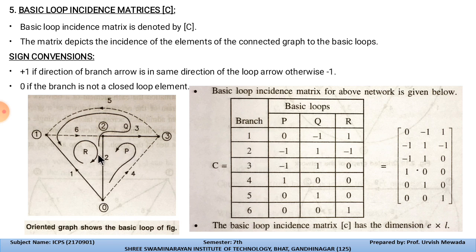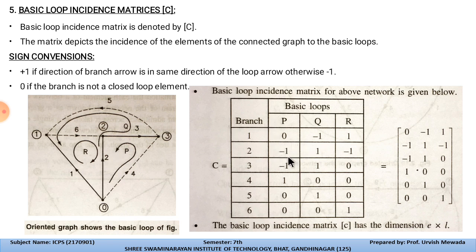So let's take the branch number 2. Now for branch number 2, the relation with P, here this is the P, both are in the opposite direction. You can see the marking of the arrow and the marking of the loop, meaning the direction of the arrow. Both are in the opposite direction, so it will be -1.